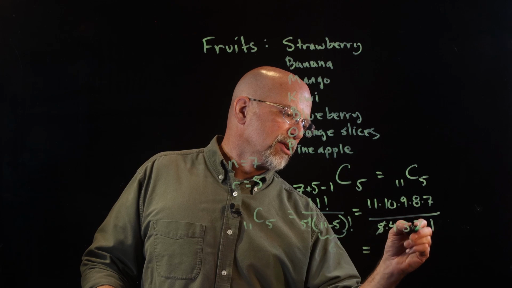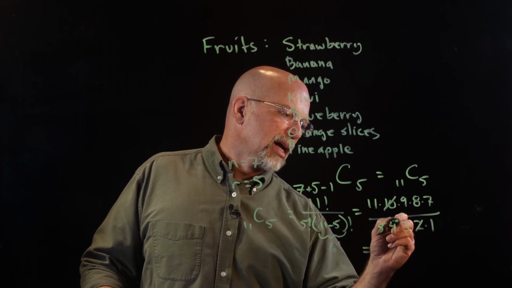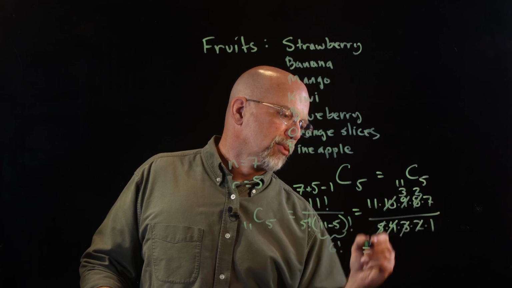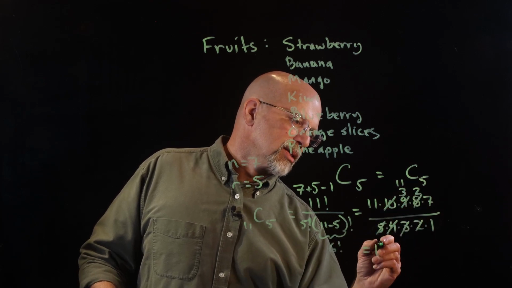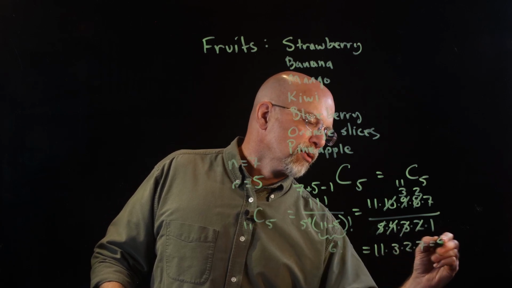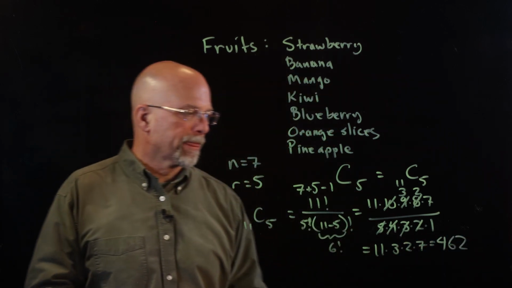Let's see, the 5 and the 2 can cancel out the 10. I can take a 4 out of 8 and get 2. I can take a 3 out of 9 and get 3. And so really what I've got is 11 times 3 times 2 times 7, which is equal to 462.